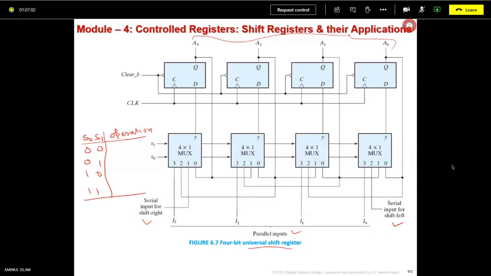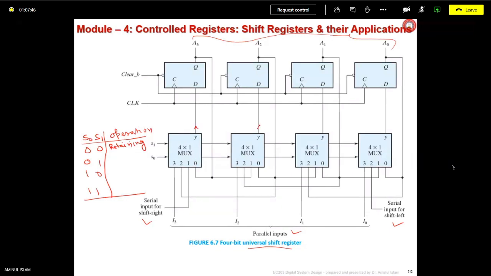When 0, 0, what is going to happen? No change. Means it is going to retain, right? Yes, sir, retaining. 0, 0 means the 0 input of the muxes will be getting the path to the Y output.